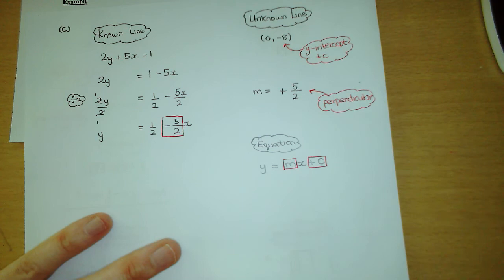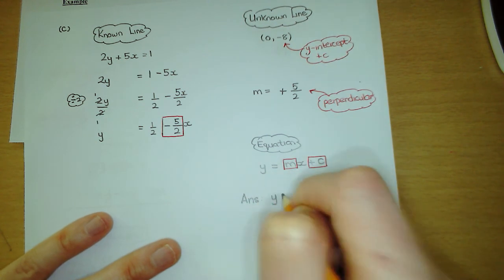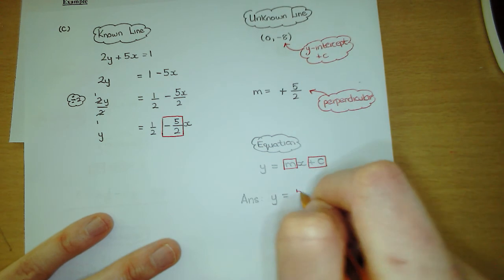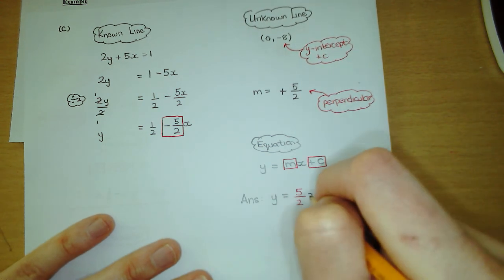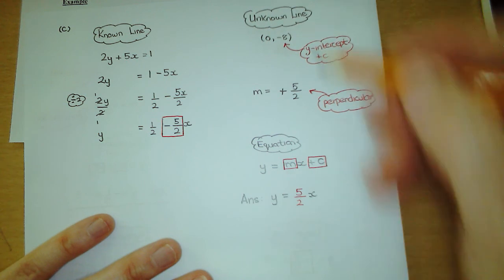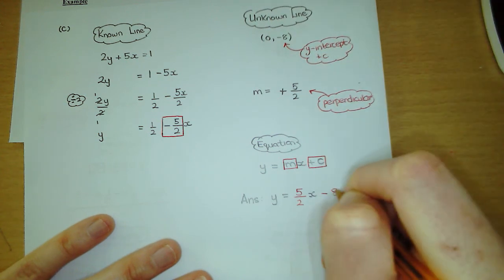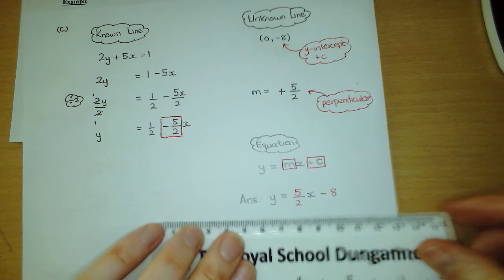So our final answer, we have y equals plus 5 over 2, and then x, and then replace plus c with minus 8. And that is the equation for the unknown line in part C.